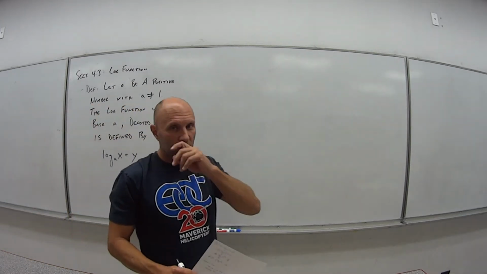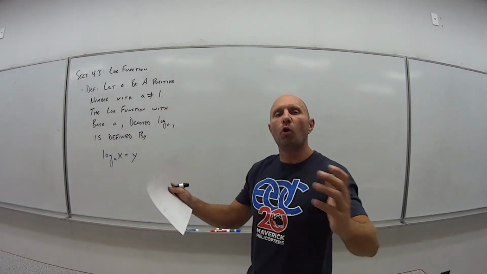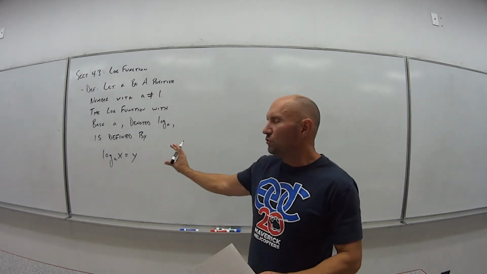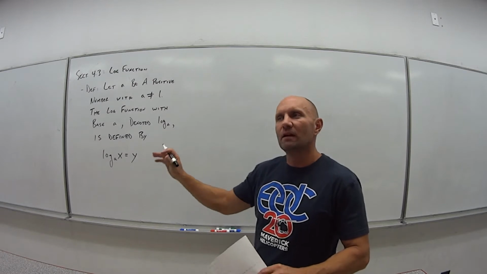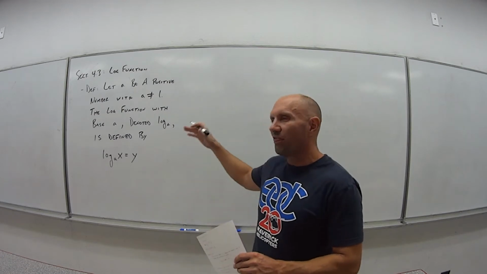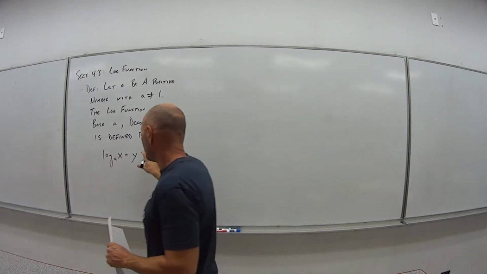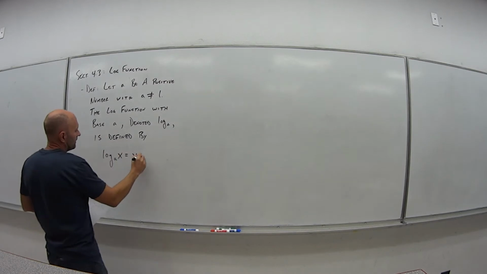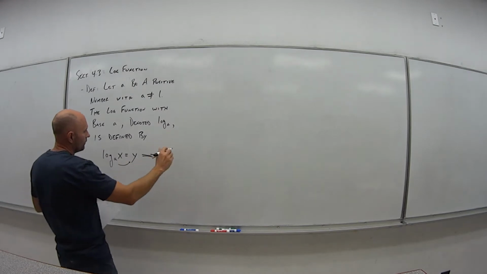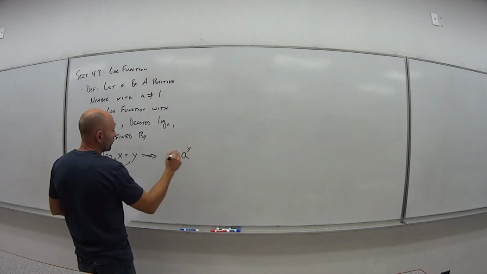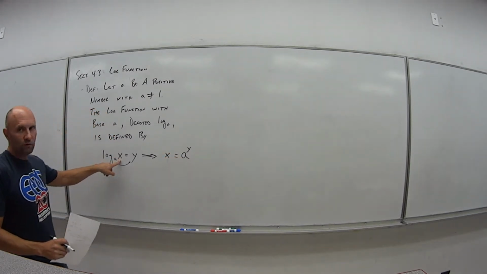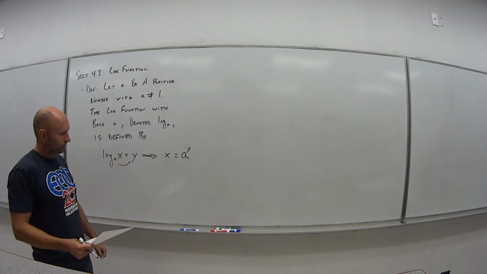So if I have this notation, I'm going to classify this as the holy grail of our log functions. If we're working log problems and you get to a point like this, and you're stuck, like, man, I'm stuck, I'm not sure what I'm supposed to do on this, think back to this property, which is, if we have something written like this, this means the same thing as if we take the a, move it to the other side, so a to the y power is equal to our value of x that was after the base.